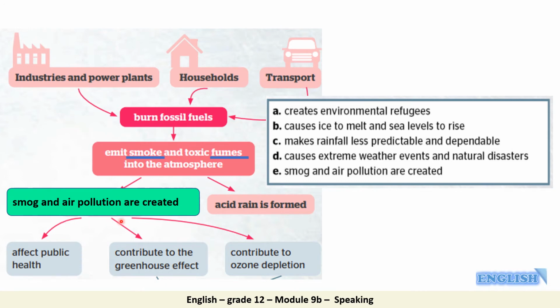The smog and air pollution which are created are going to affect public health. Also, they are going to contribute to the greenhouse effect, and they contribute to ozone layer depletion.